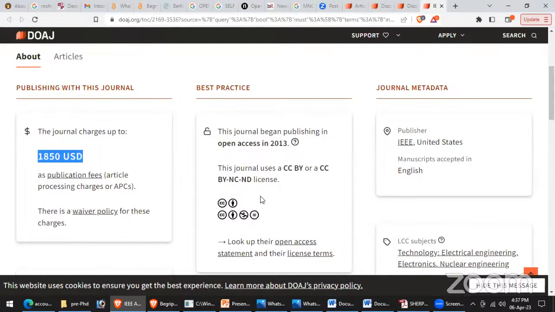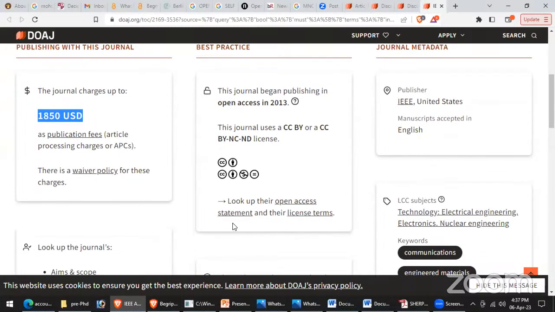Now you see how many signs are here. Can you make it out? CC and a person, no dollar, no, they are not taking any money. They are charging only APC charges. And what type of open access it is, here you can see in the license.